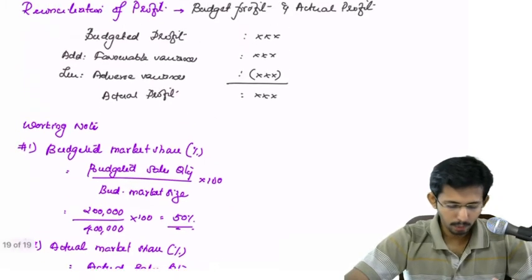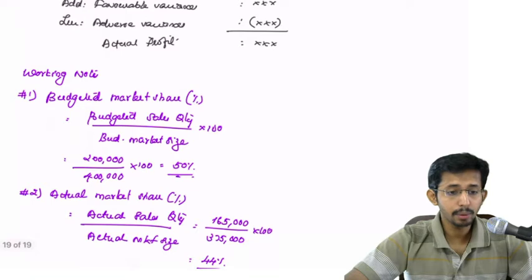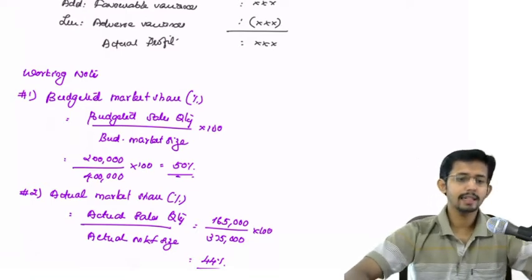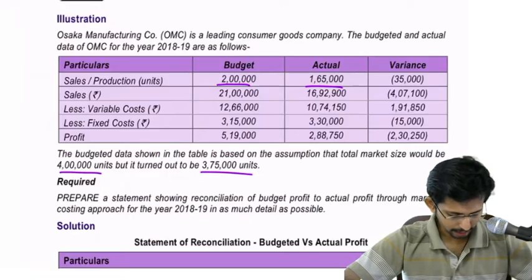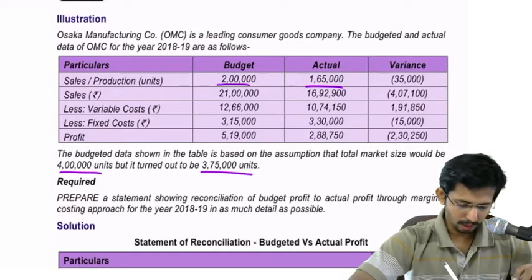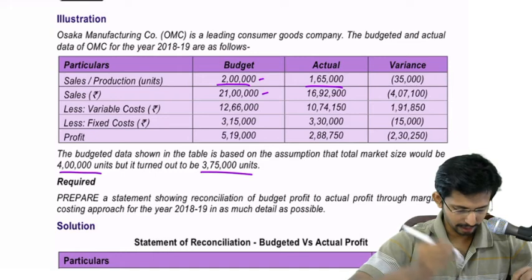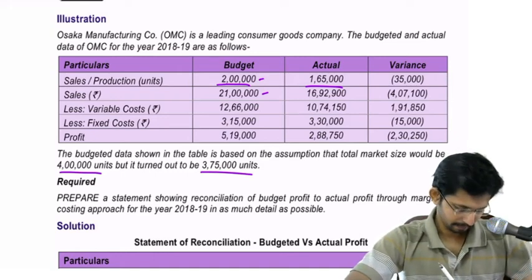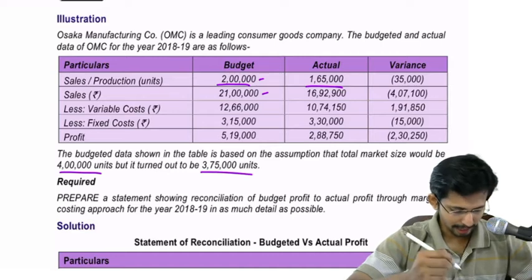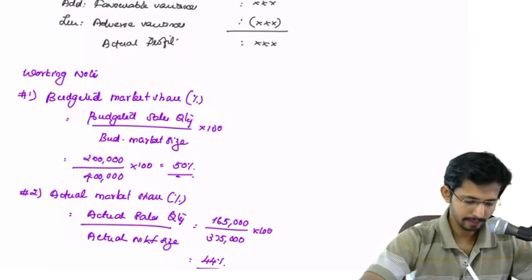Now what else can you compute? You can compute the standard selling price. How do you compute it? You know the total sales value and the total number of sales units, so you can find out the standard selling price per unit.